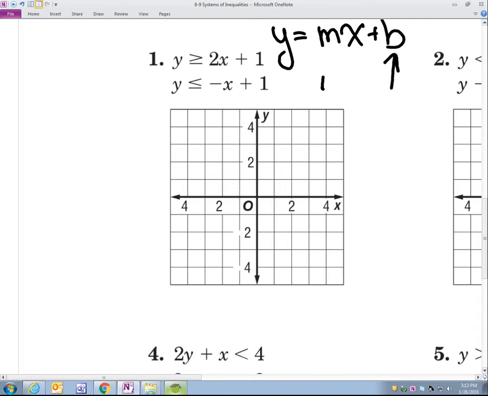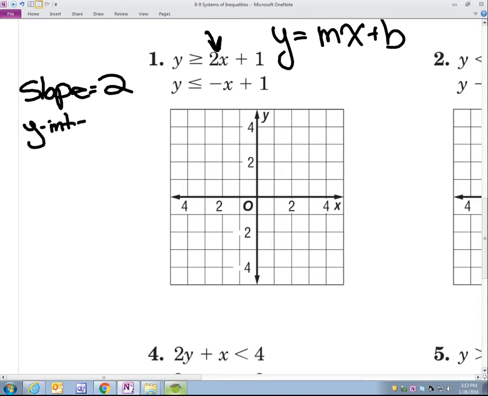And then from that point, we can use our slope. For this first one, my slope is going to be 2, because that's the m in y equals mx plus b. And my y-intercept is 1. That's where the line crosses the y-axis, so that would be right here.